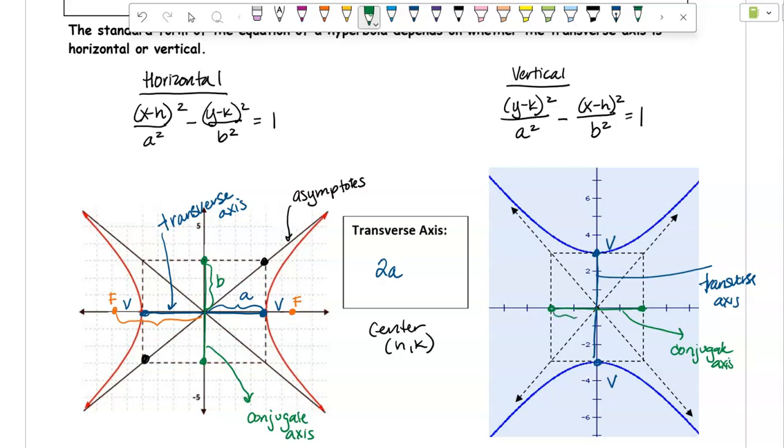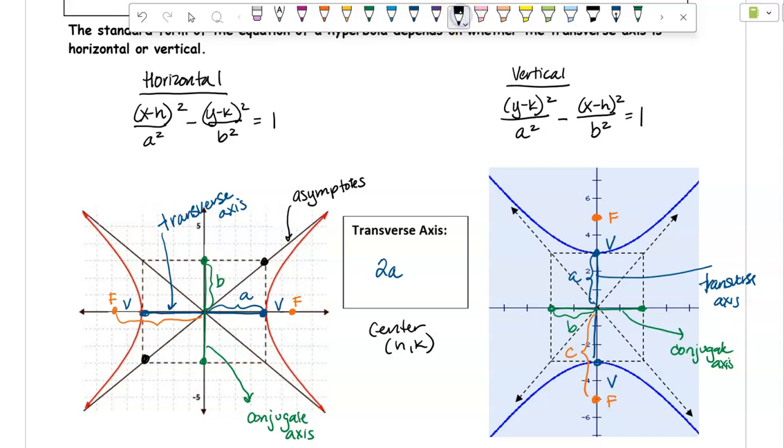This value right here is b. The distance from your center to your vertex is a. Until we calculate what c is, we don't know where the focus points are, but we know they would be somewhere outside of the vertices. The distance from center to focus would be c.